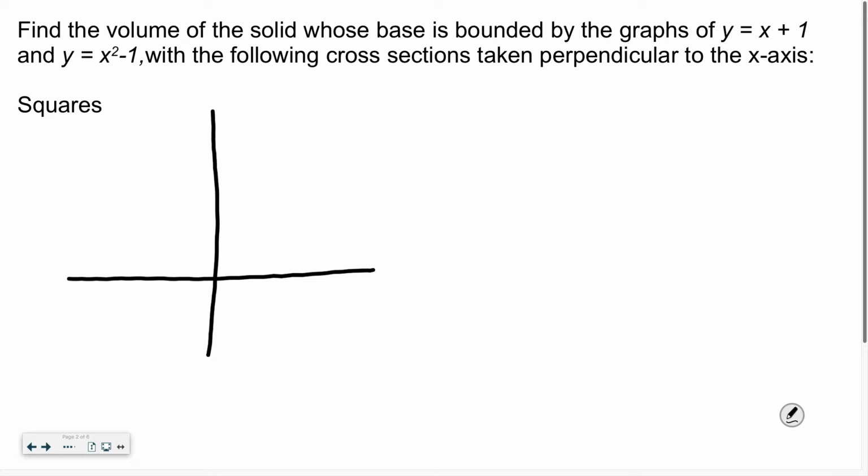All right. y equals x plus 1 looks like this, right? Okay. y equals x squared minus 1.